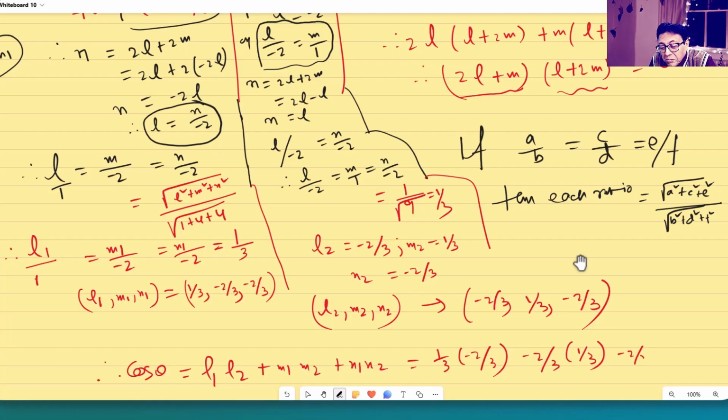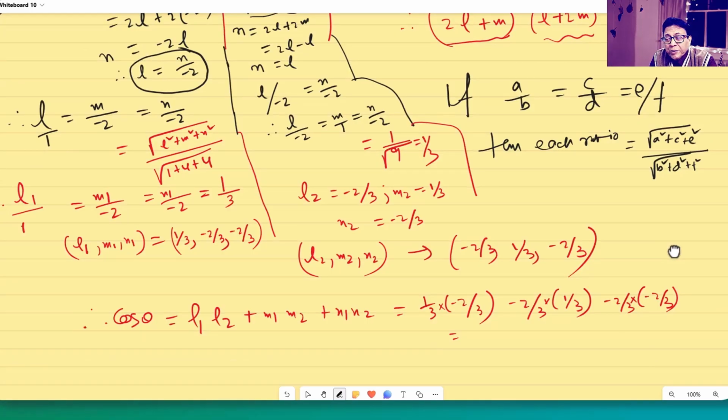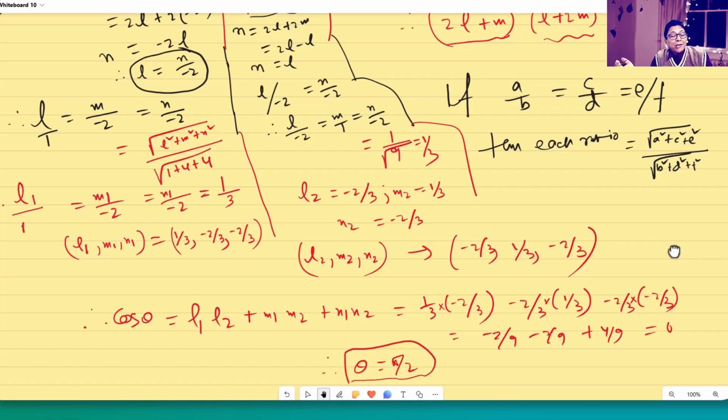Here, hope you have understood. These are products over there. So this is going to be minus 2/9 minus 2/9 plus 4/9. This is 0. So theta is pi/2. We have got the angle between the two lines. They are mutually perpendicular. Clear?